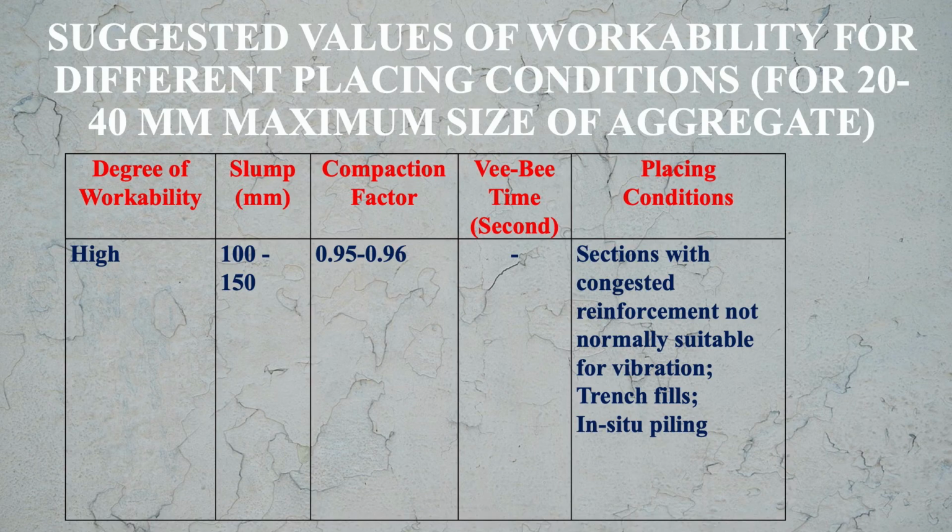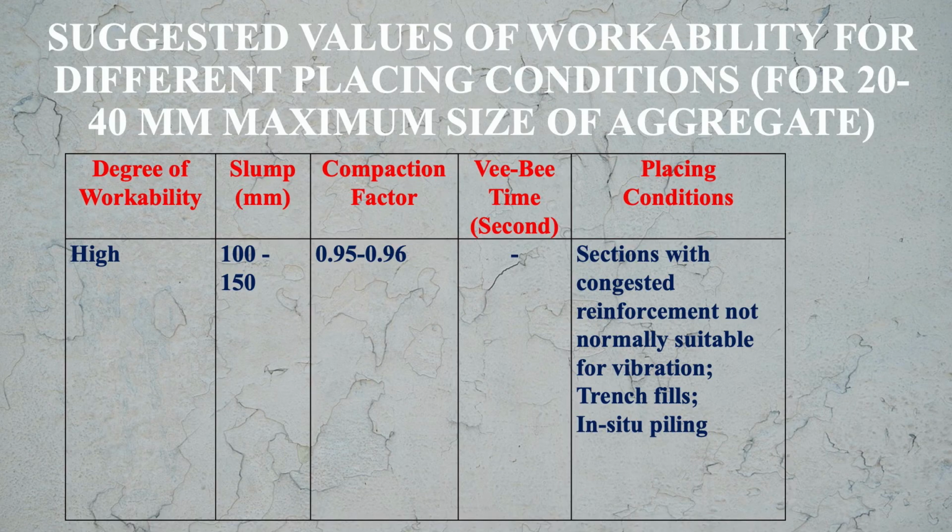You can use this type of concrete mix in sections with congested reinforcement which is not normally suitable for vibration. That is, if the reinforcement is very congested, it is difficult to give vibrations. For such conditions, we use the highly workable concrete.